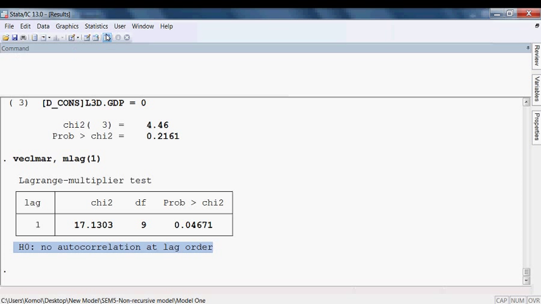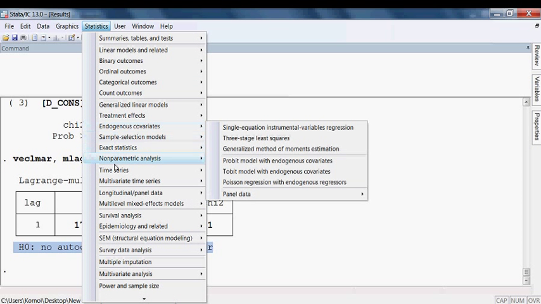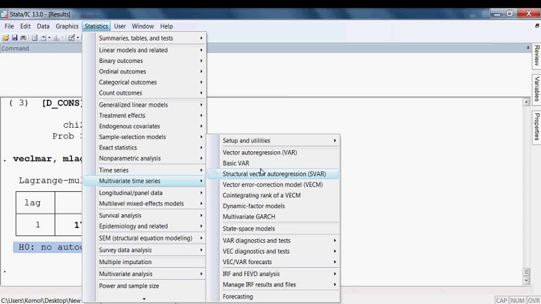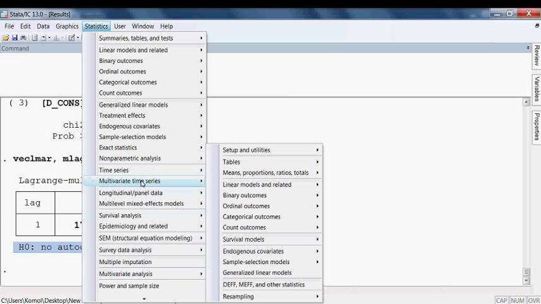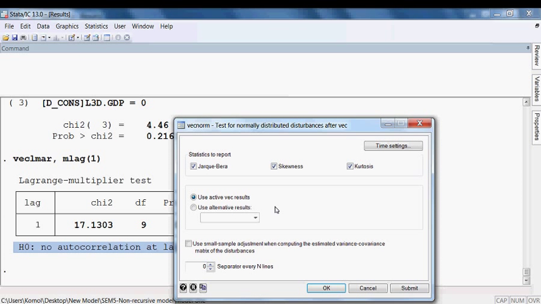Okay, then we can do one more test. I go to multivariate, then I go to VEC diagnostic. Then I check the test of normality, whether the residuals are normally distributed or not.